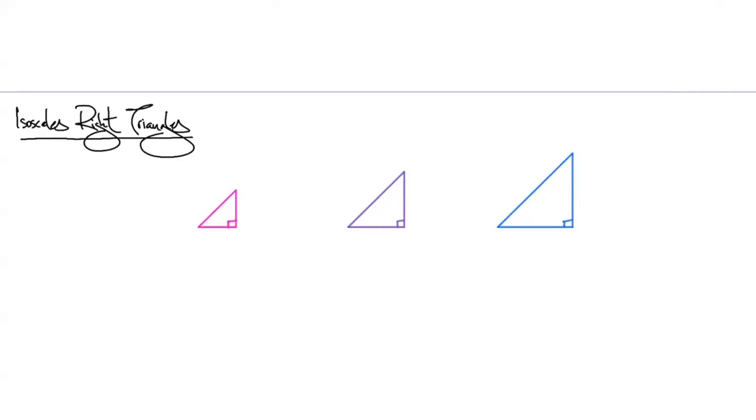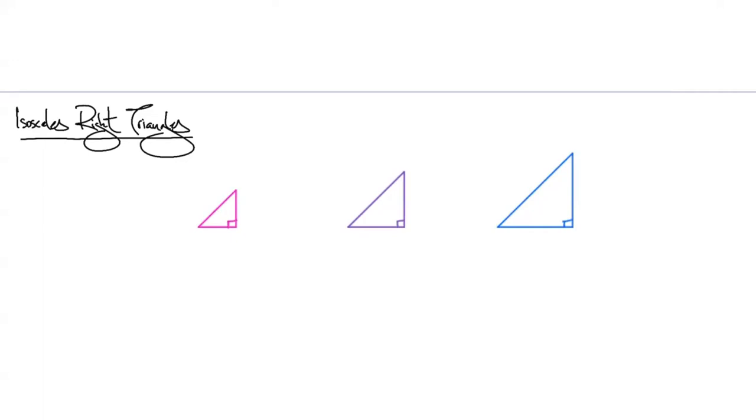What does isosceles mean? Someone answer that for us. Okay, two side lengths are the same, exactly.